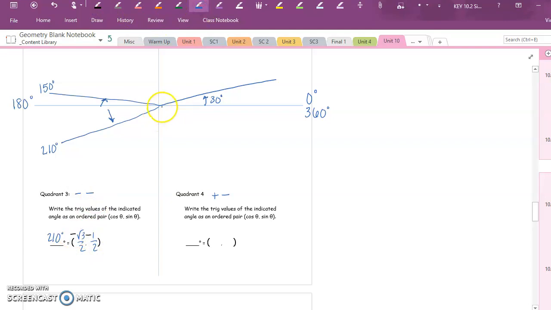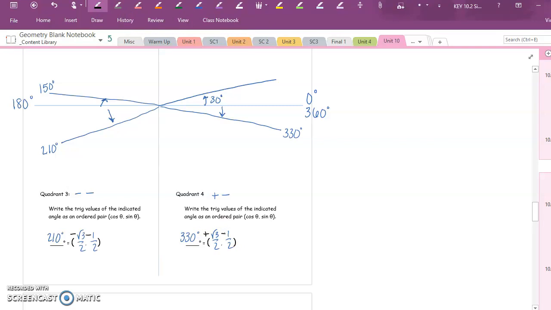And then finally, 360, and then go back 30, so minus 30. So we're at 330. That references my 30-degree angle. So we have square root 3 over 2, comma, 1 over 2, and my correct symbols are going to be positive, negative.